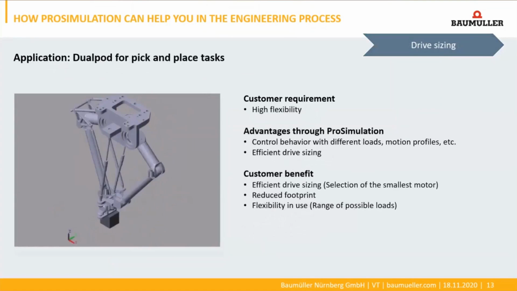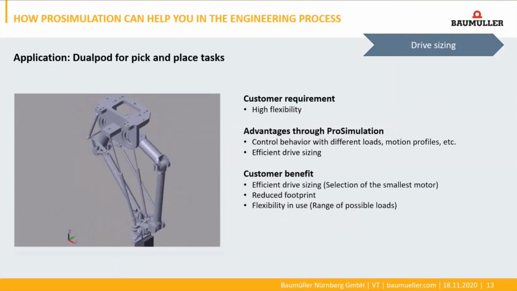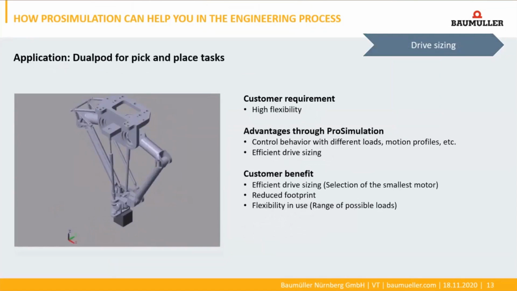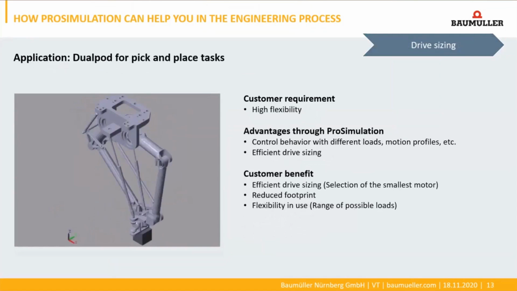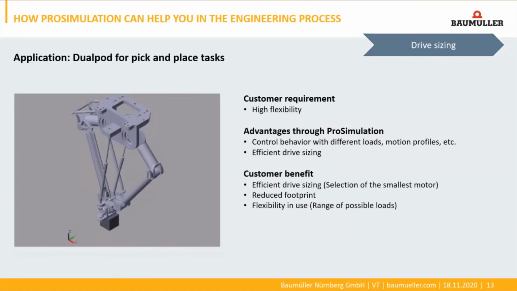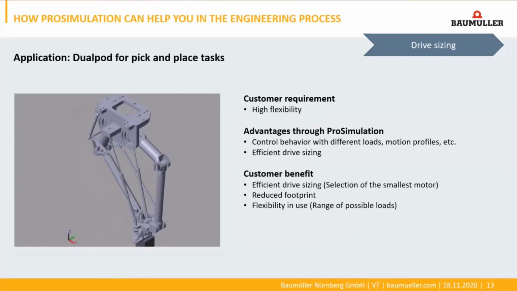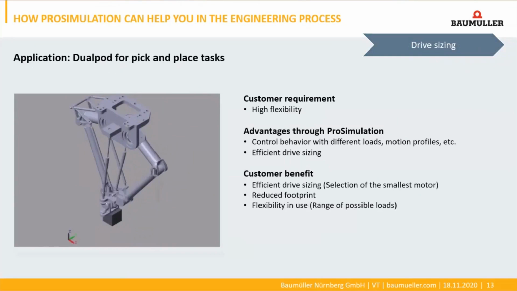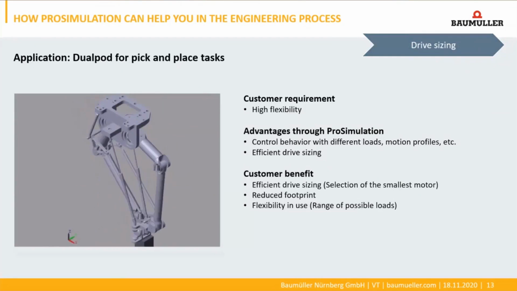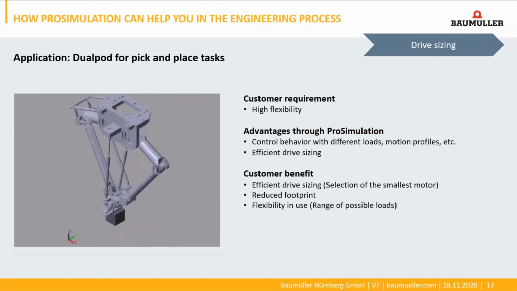I will show you the drive sizing using the dual pot application for a pick and place task. With this dual pot, pieces are picked from a belt and put to another belt, for example. The high flexibility of the dual pot with regard to possible loads and the executed movements is important for the customer.